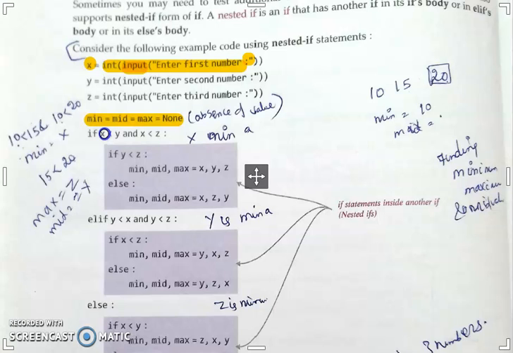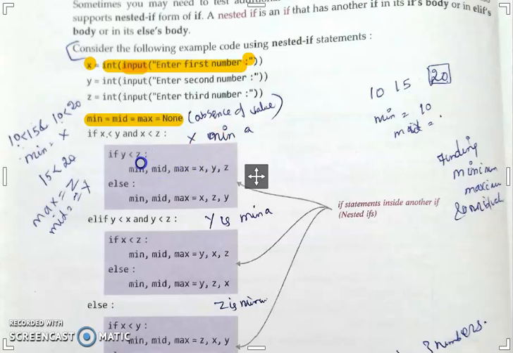Then I have to do another check, comparing y and z, to see which variable contains the maximum value. Suppose y is greater than z, otherwise z is the greater value than y, so z is the maximum value. So then I have assigned x as the minimum value. This is the multiple assignment statement.